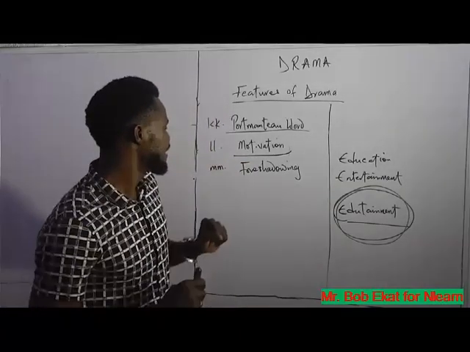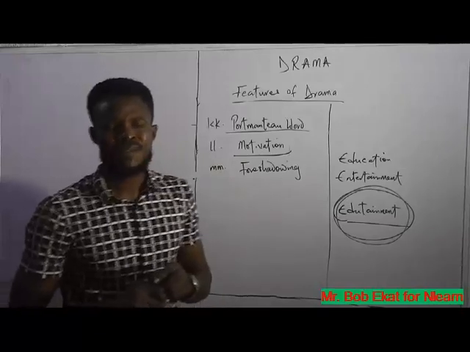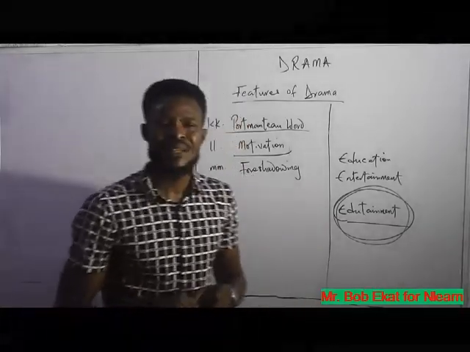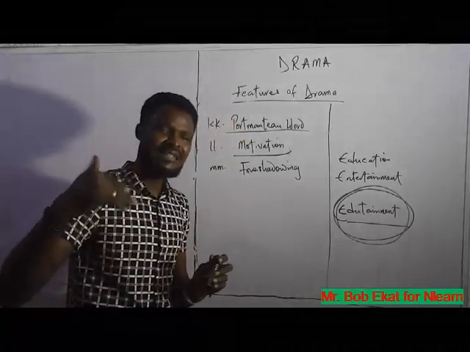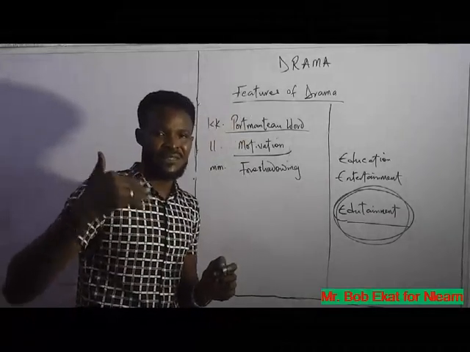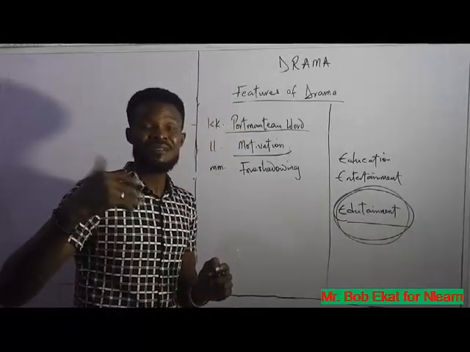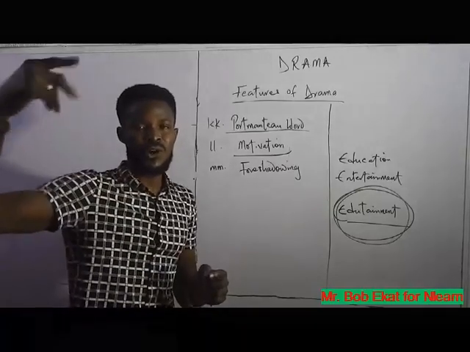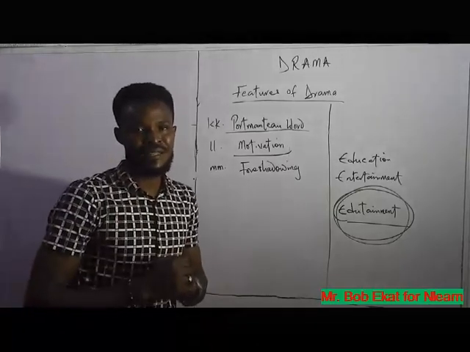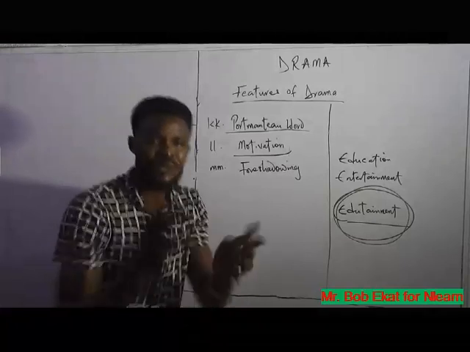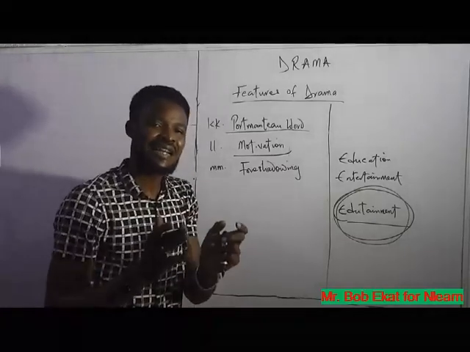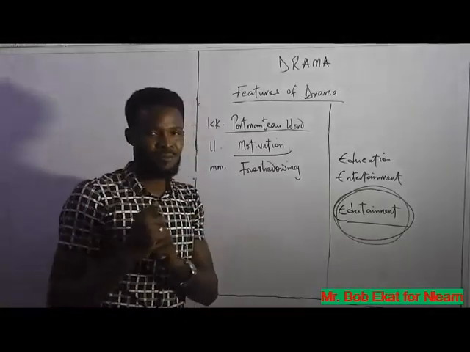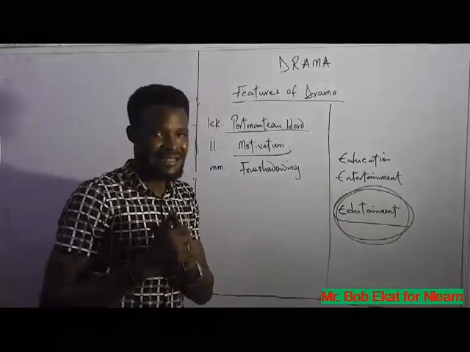And lastly, it is foreshadowing. Foreshadowing is a skill of letting the readers or the audience have a hint about future occurrences in the play. You may foreshadow by giving a hint as to how the ending will be, but not giving that ending.